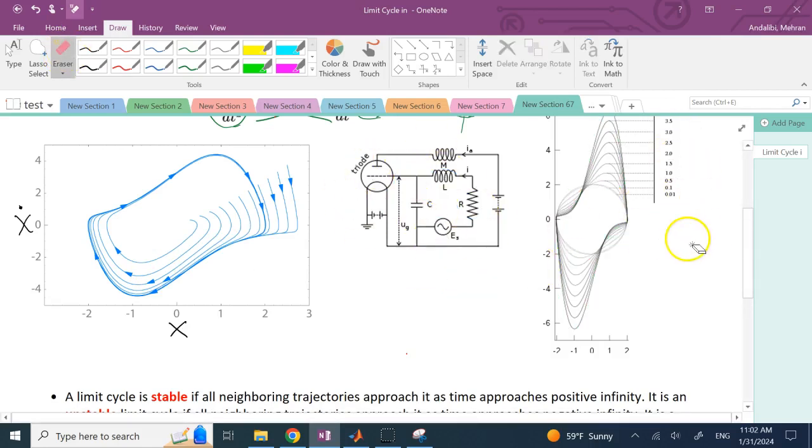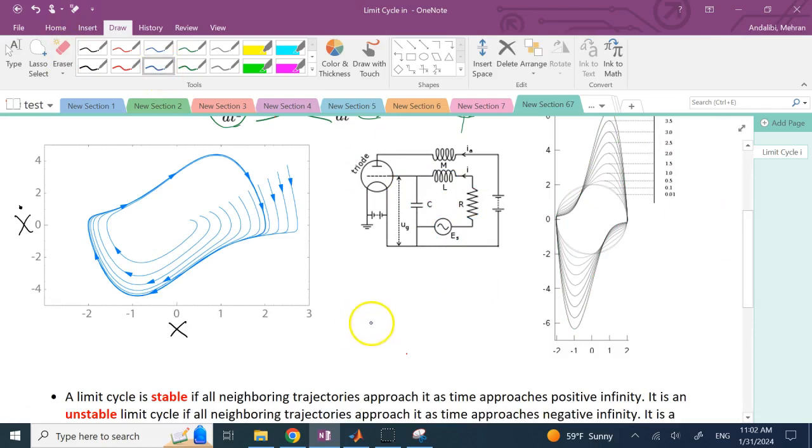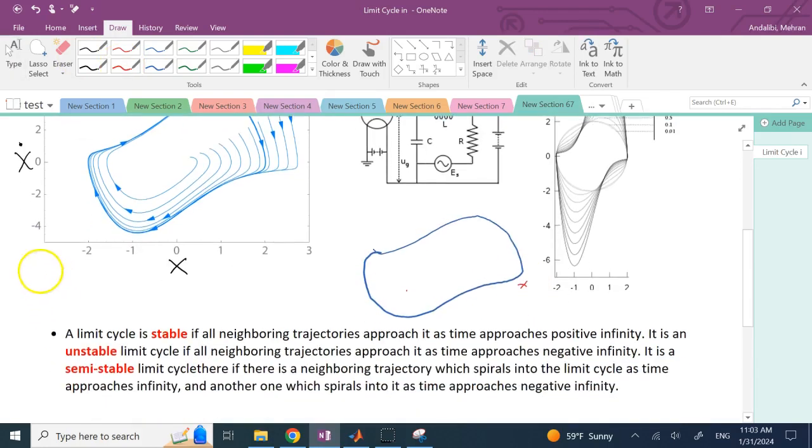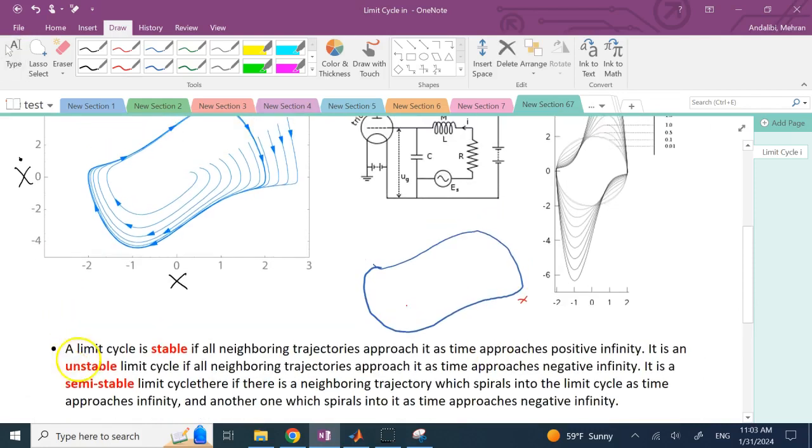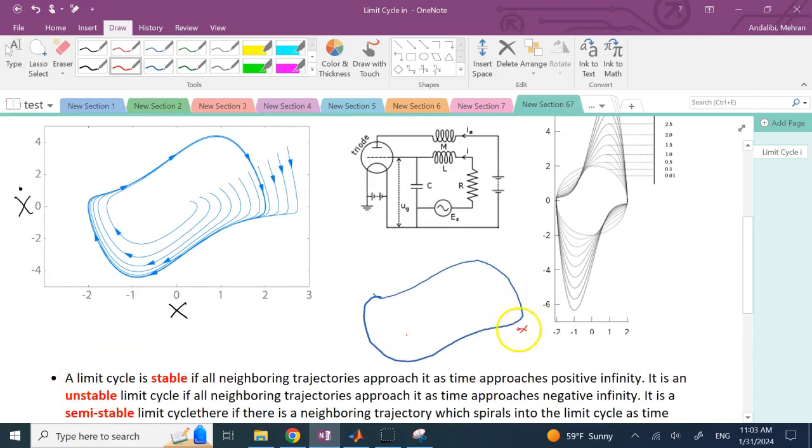If I have this shape and the limit cycle is unstable, if I start very close to it here and look at the trajectory, instead of getting closer to it, it gets further away from it. So it's like a spiral but outward.